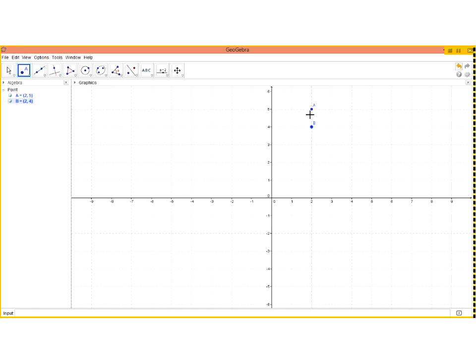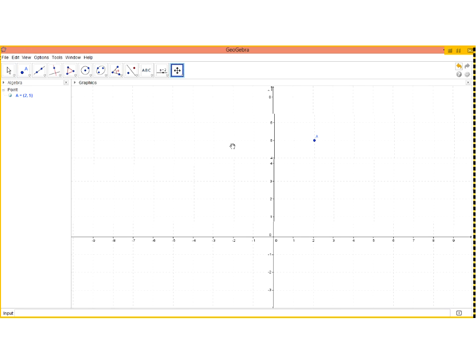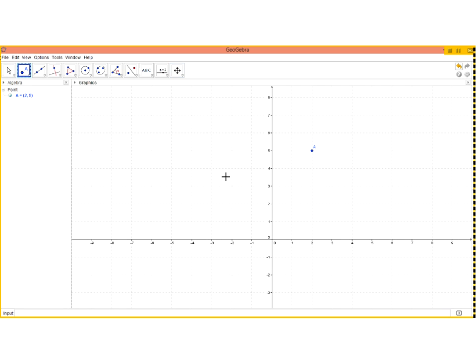Okay, so we got a point at (2, 5). And I'm going to erase that point, the B point. And then (-1, 7). So (-1, 7). And then all I do is draw a line to connect the 2 points.